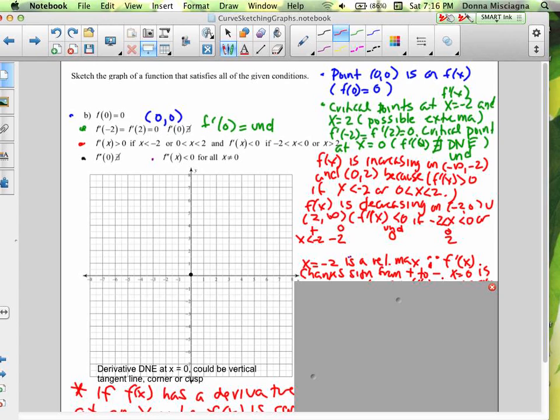This one was a 0. Between -2 and 0, it was negative. Between 0 and 2, positive. And then greater than 2, negative.